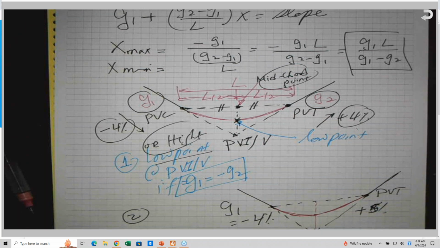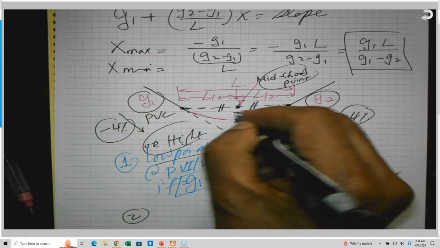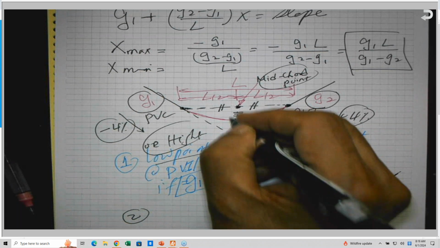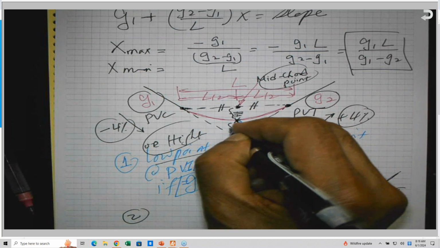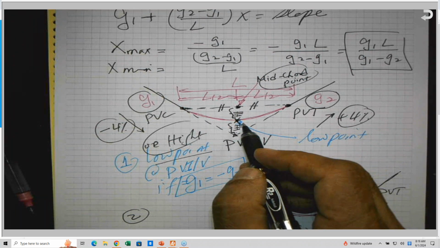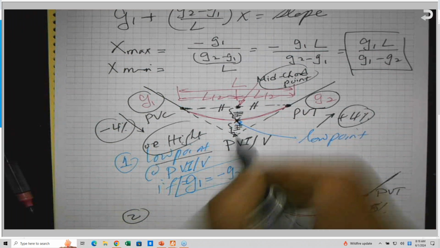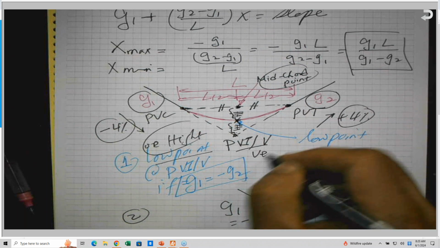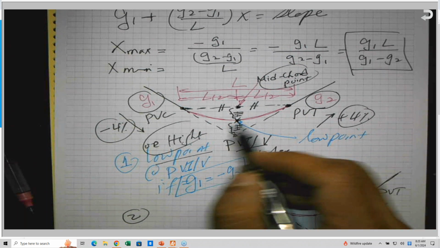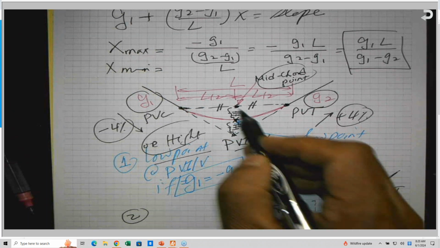I need you to know for a fact that for symmetrical vertical curves, this distance is equal to this distance here and this distance here. This is why we always say that the vertical curve is midway between the mid-chord point and the vertex. This is called the vertex, by the way. So the vertical curve, if you draw it correctly, lies midway between this point and this point.